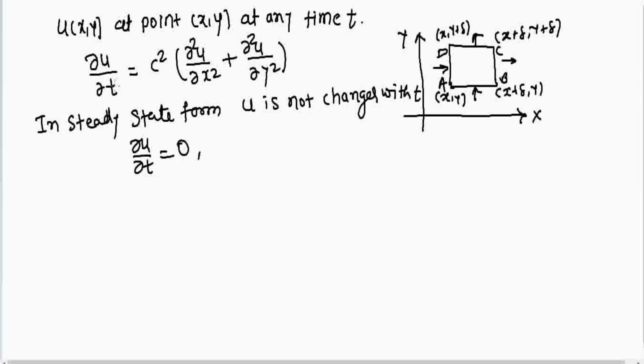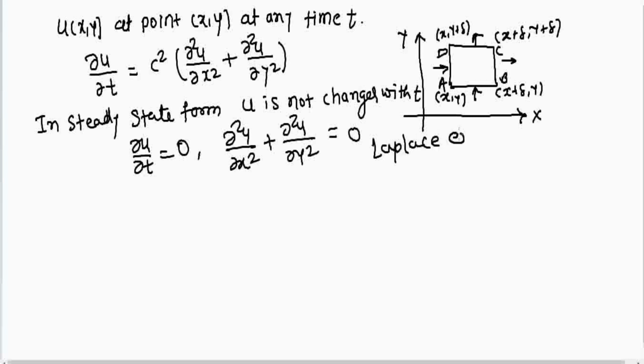If the derivative is equal to 0, then we get c square into del 2u by del x square plus del 2u by del y square equal to 0. And this gives us del 2u by del x square plus del 2u by del y square equal to 0. And this equation is called the Laplace equation in two dimensions.